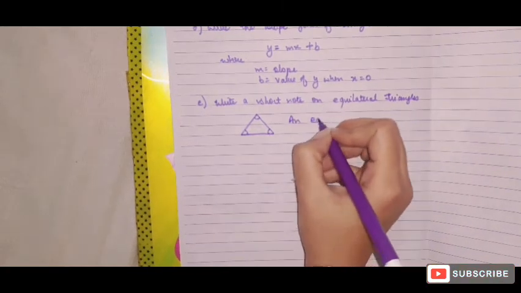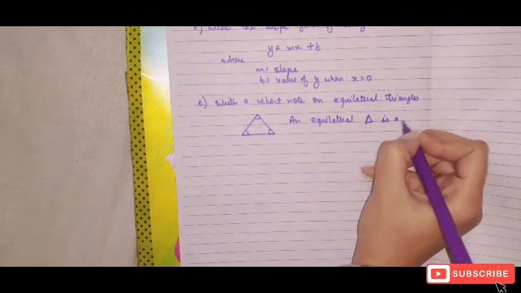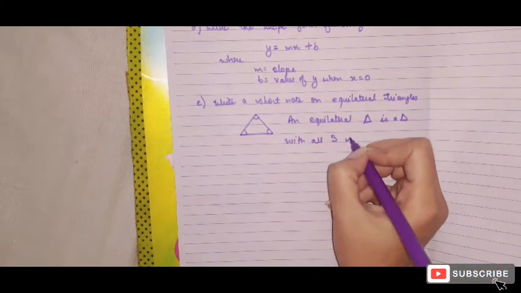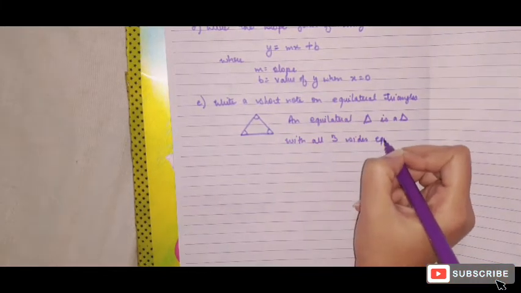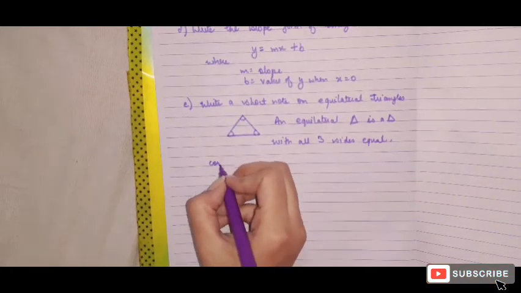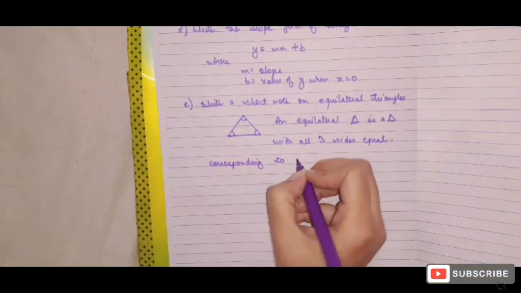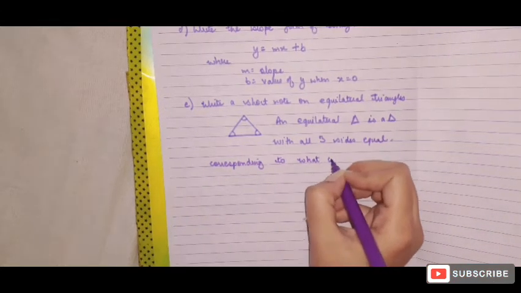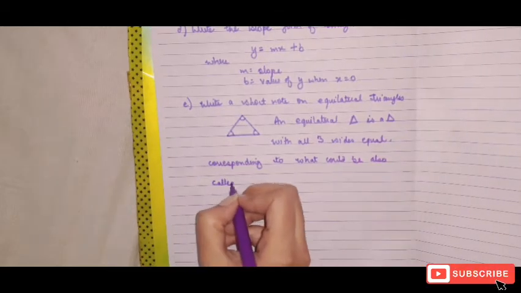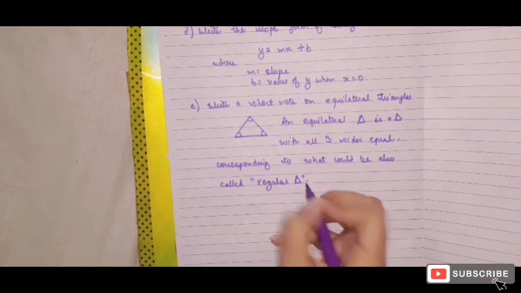So an equilateral triangle is a triangle with all three sides equal. It is also known as a regular triangle.